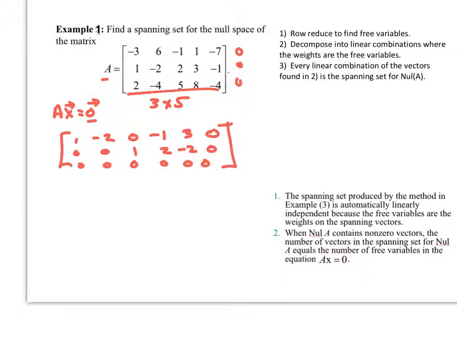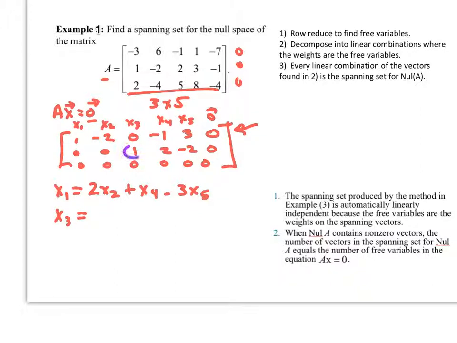Well, let's write it out and figure out what each one of the variables are in terms of the free variables. So if I start with x1, x1 is going to be 2x2 plus x4 minus 3x5. And all I did was I took this equation here and rewrote it.